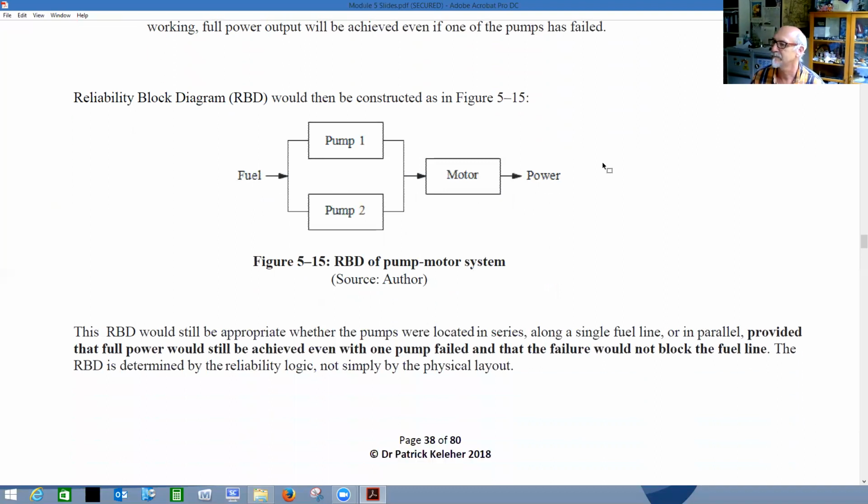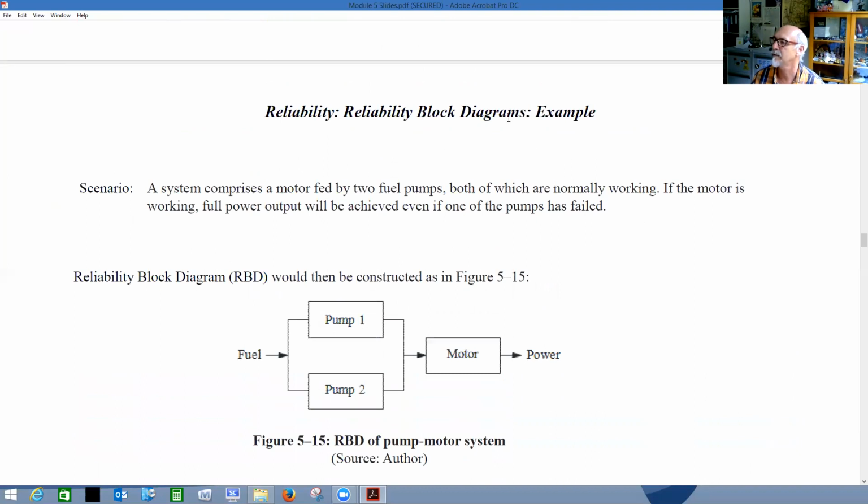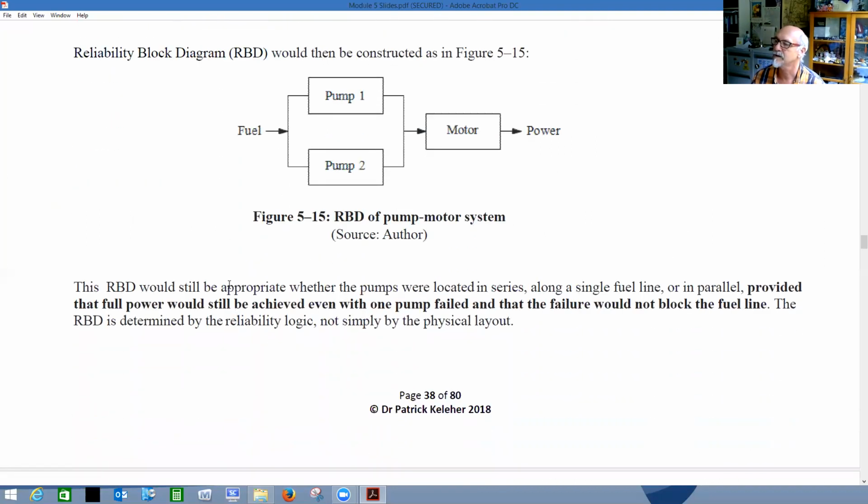So the RBD, if you remember, RBD is the reliability block diagram, would still be appropriate whether the pumps were located in series rather than parallel, along a single fuel line or in parallel, provided that the full power would still be achieved even with one pump failed and that the failure would not block the fuel line.